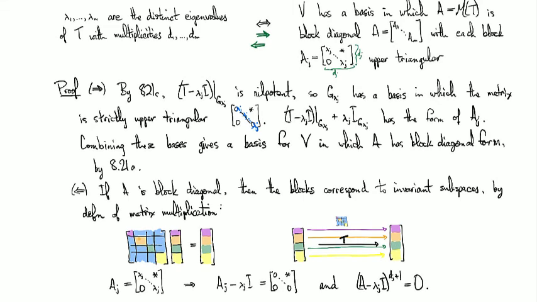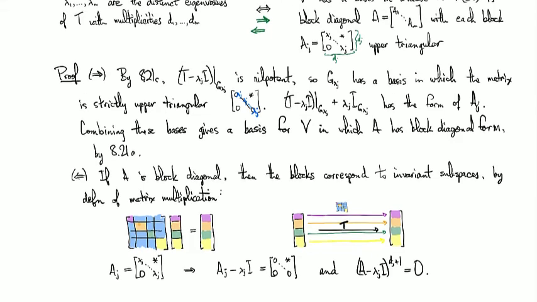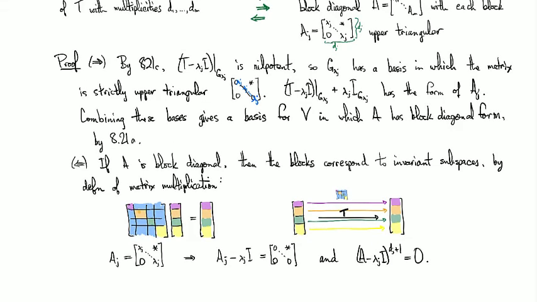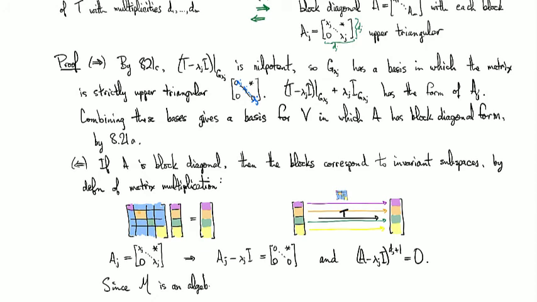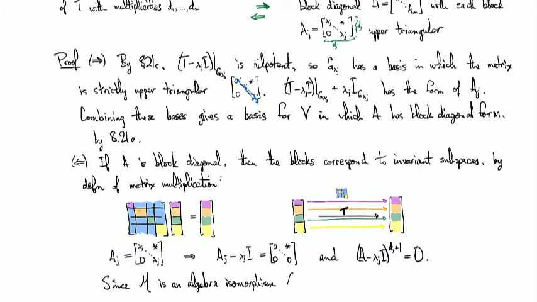Okay. And so then all that needs to remain is to notice that M is an algebra isomorphism between linear operators on V and the square matrices.